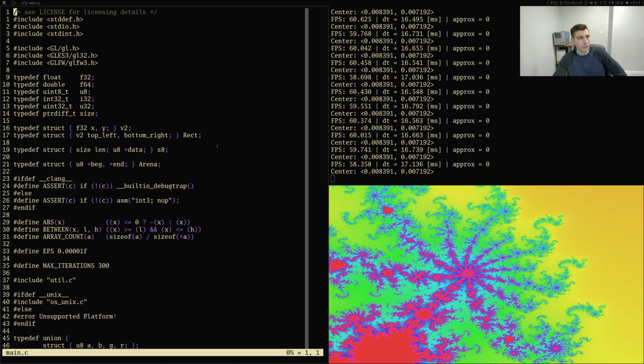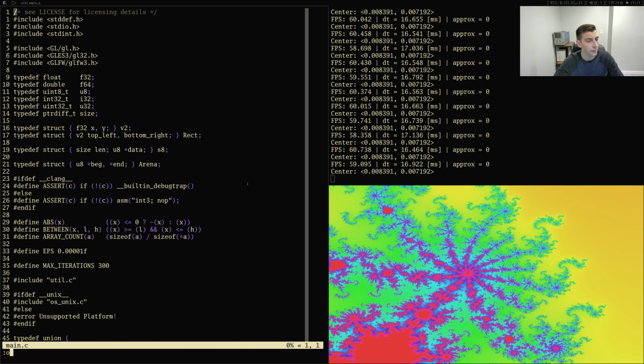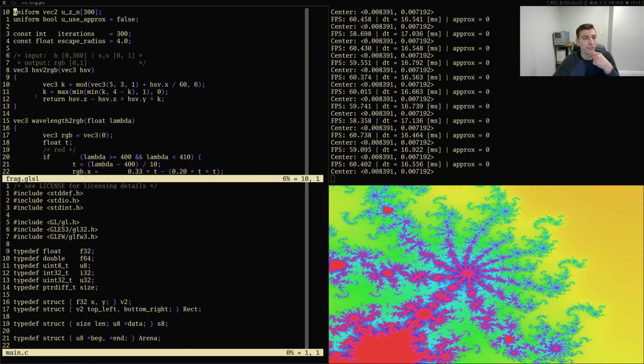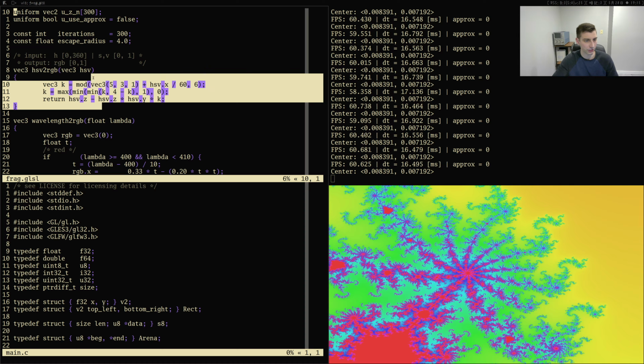Alrighty, let's get started. So, back to the Mandelbrot set. After last time, I found an algorithm, a much better method of converting from HSV to RGB, which gives much nicer results than what I had previously, and it's also much shorter.